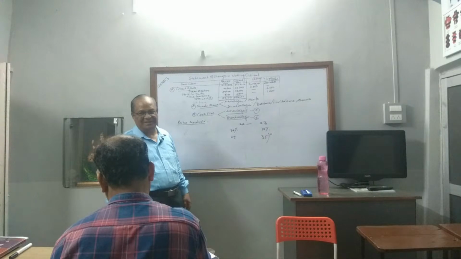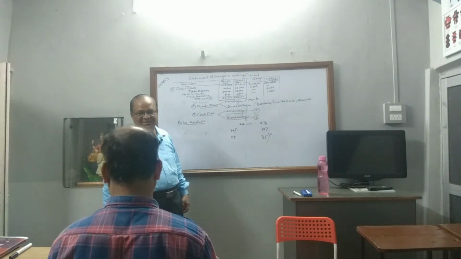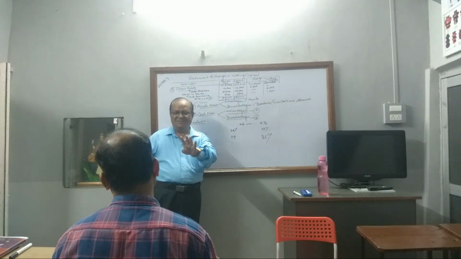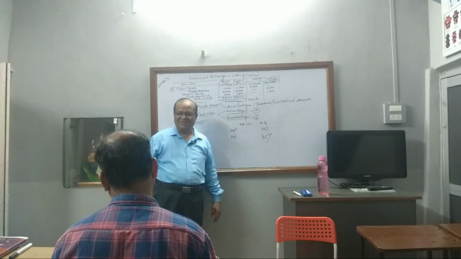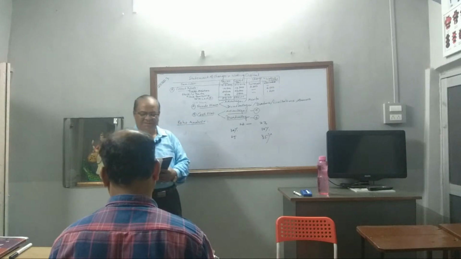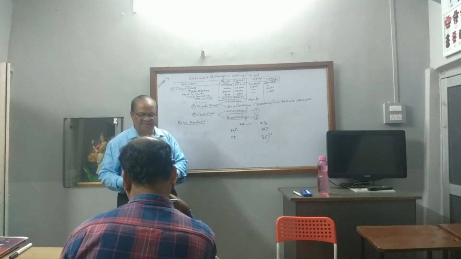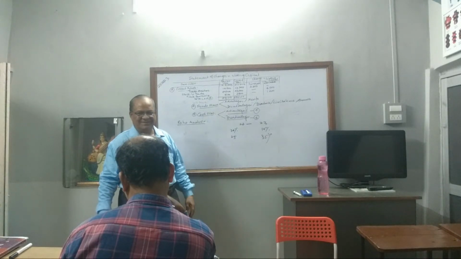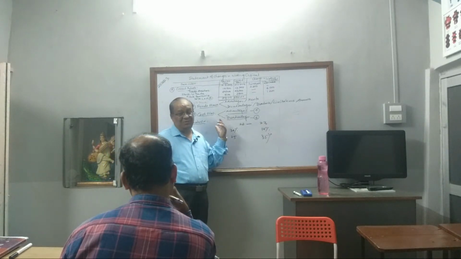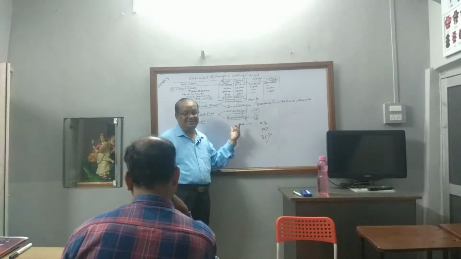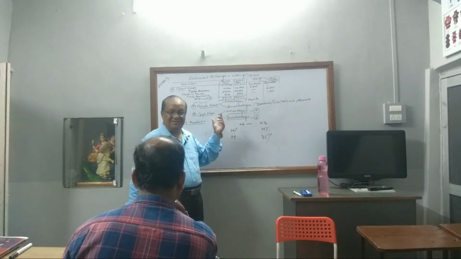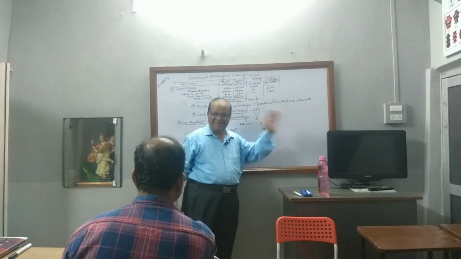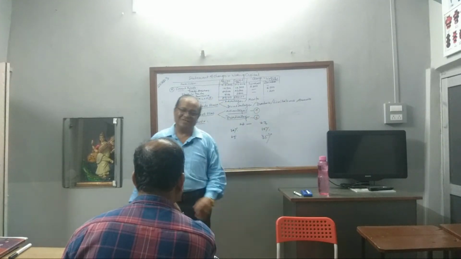Quarters means a period of 3 months. 3 into 4, 12 months, like this. Then the comparison is made between X month of the current year and X month of the previous year. For example, previous year January and current year January. Correct? Comparison. So for this ratio analysis is done.